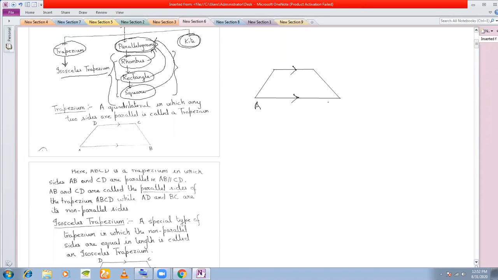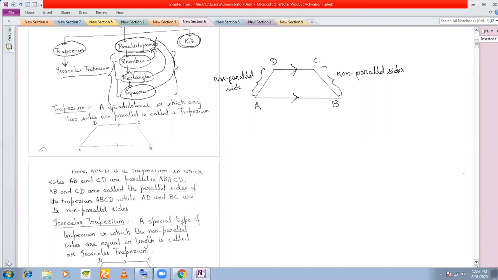This quadrilateral ABCD is called a trapezium. The basic definition: any quadrilateral in which two sides are parallel is called a trapezium. These other sides are called the non-parallel sides of the trapezium, and these two are the parallel sides, AB and DC.